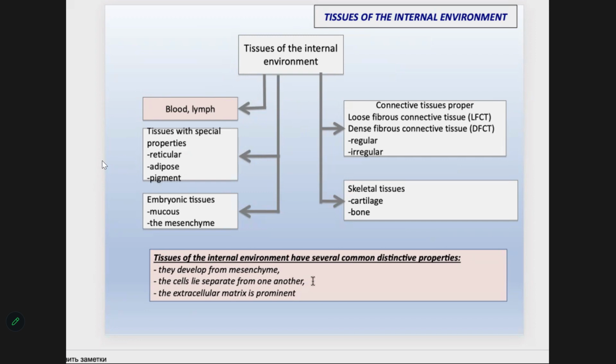The second main characteristic is that cells of these tissues lie separate from one another. There is a large distance between the cells. And the last characteristic of these tissues is the development from mesenchyme.